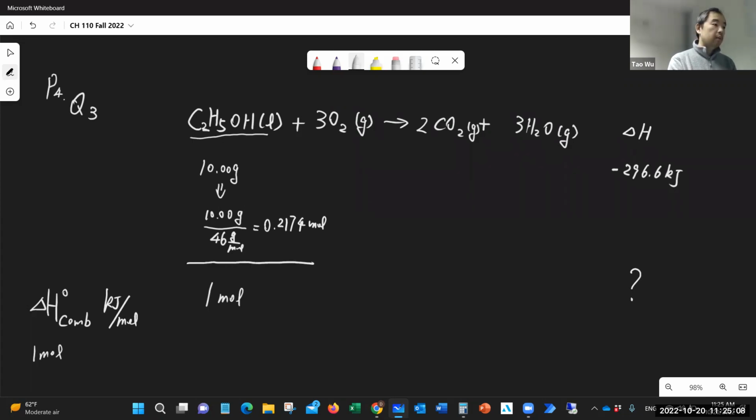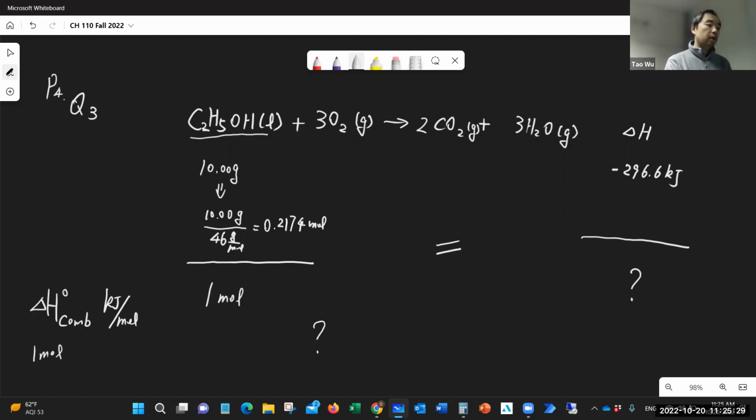Then how much for 1 mole? So 0.2174 divided by 1 should also equal the ratio of this much heat divided by the question mark. And the question mark is what you need, right? For just 1 mole, how much heat.